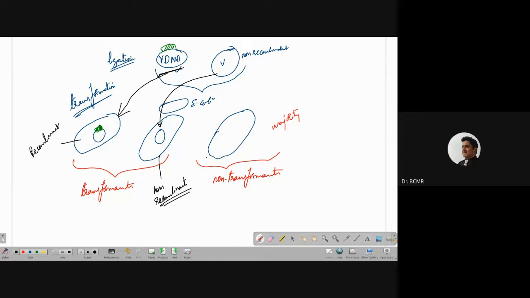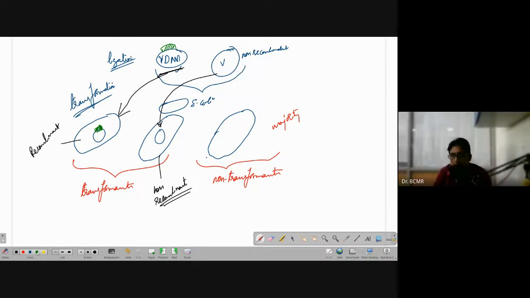What we need out of all these is that we are specifically interested in these particular cells, right? This is the cell that we want. And the majority of them are going to be the non-transformants, which did not get any DNA at all, and we don't want them, and somehow we should get rid of them.